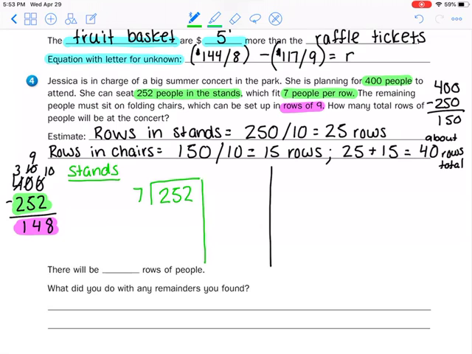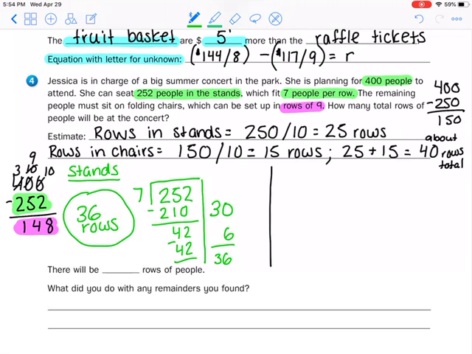So I know that 7 times 30 would get me close, would get me 210. So if I subtract, I get 42, which I know is a multiple of 7, because 6 times 7 is 42. So I have no remainder, and I'm at 36. So in the stands, she has 36 rows of people.